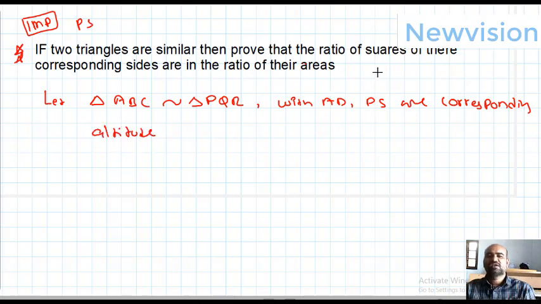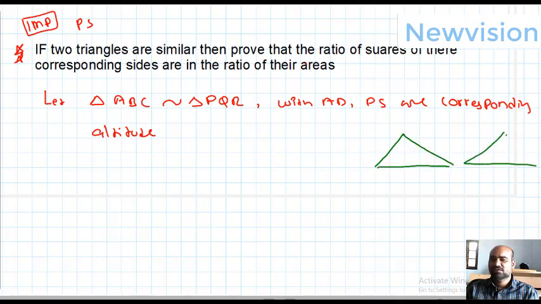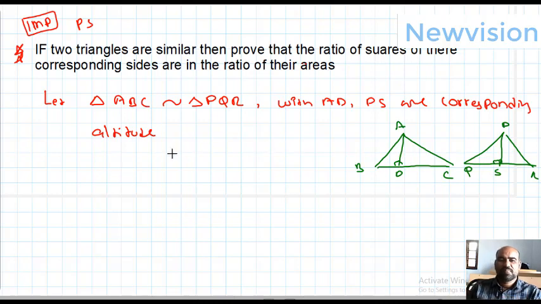Why altitudes? Because we need to find the area. First of all, I want a rough sketch for this. This is one triangle, ABC, and this is another triangle, PQR. This is one altitude AD, and another altitude PS.